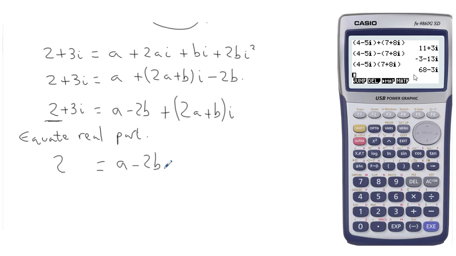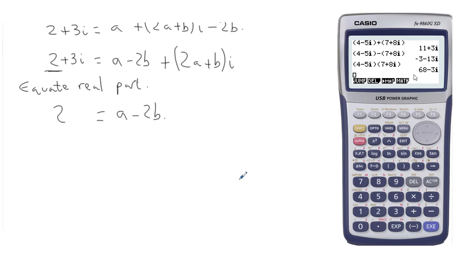That's not quite enough to find a and b straight away. It's looking like simultaneous equations. Now we equate the imaginary part. On the left-hand side you have 3i, so 3 equals, on the right-hand side, 2a plus b.